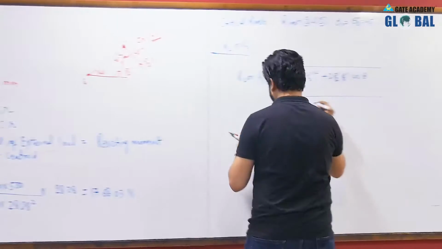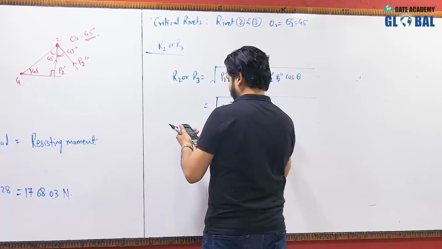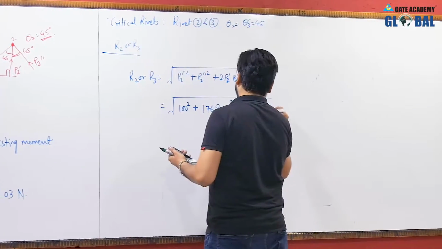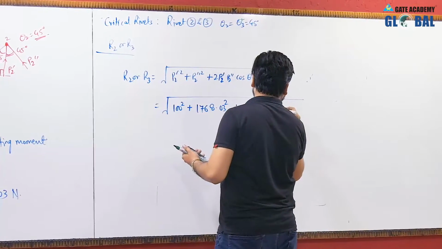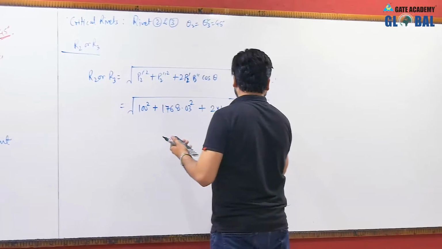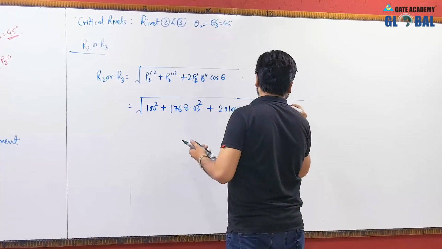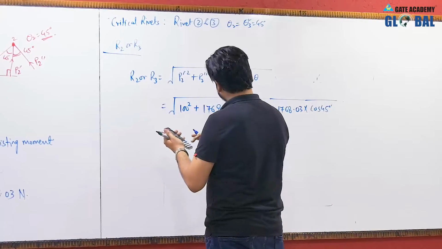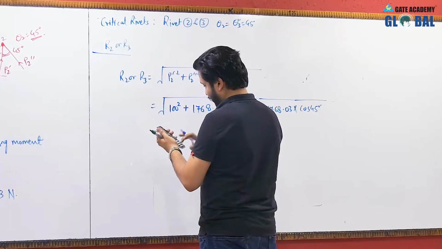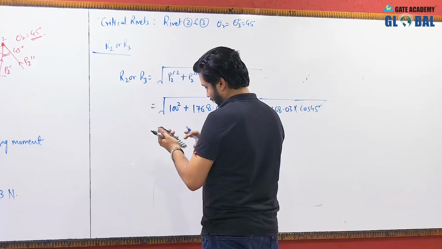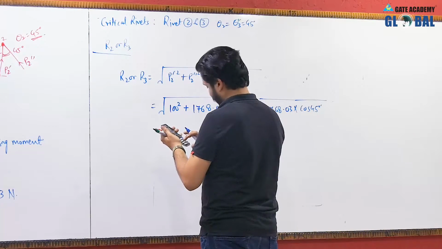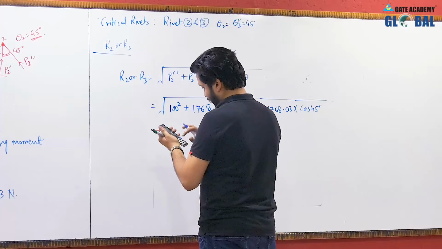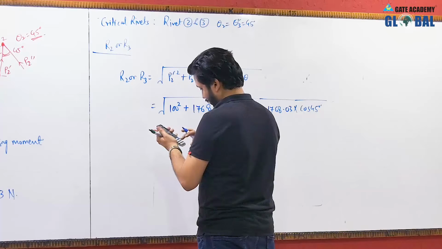So let us use the value over here: 100 square plus 1768.03 square plus 2 into 100 into 1768.03 into cos 45.